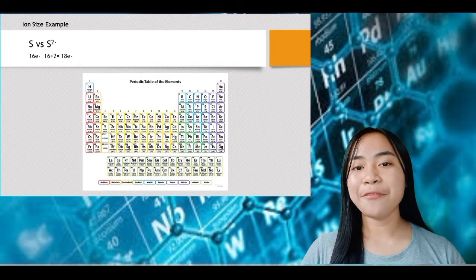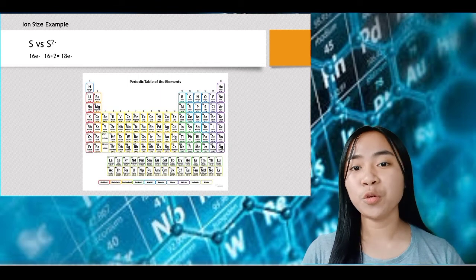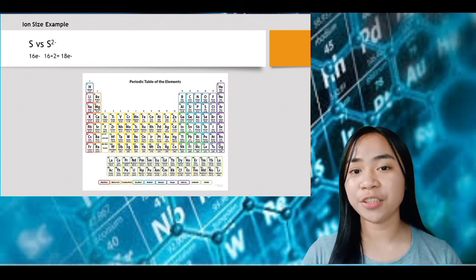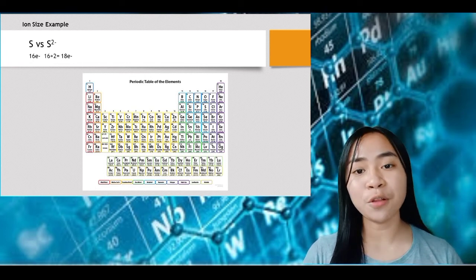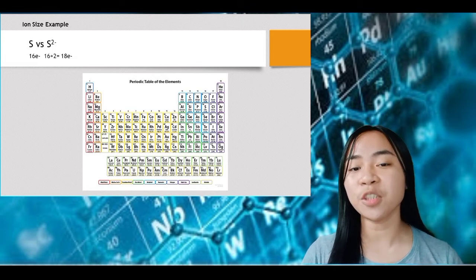So let us have an example. If I'm going to compare sulfur with neutral charge and sulfur with 2 minus charge, the first thing that I'm going to do is to determine how many electrons sulfur has. So sulfur has 16 electrons. So in sulfur with neutral charge, I'm going to put 16 electrons.